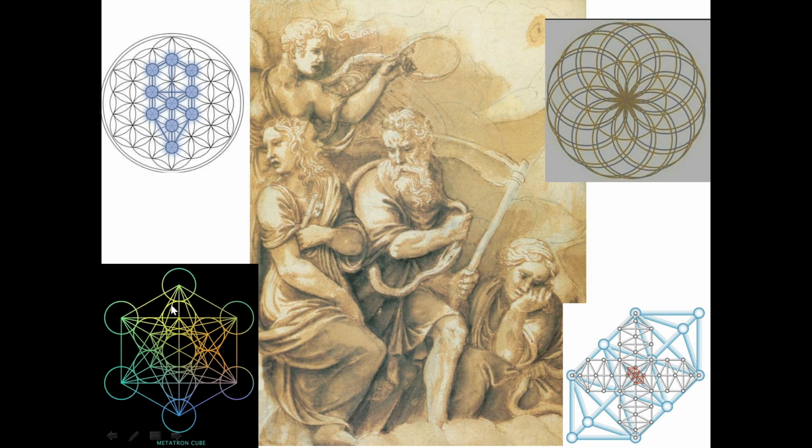So this is a depiction of Metatron's cube, and this is the crystalline flower of life, the lotus of life. And so Gaia is this, and Janus is this. I hope that makes sense.